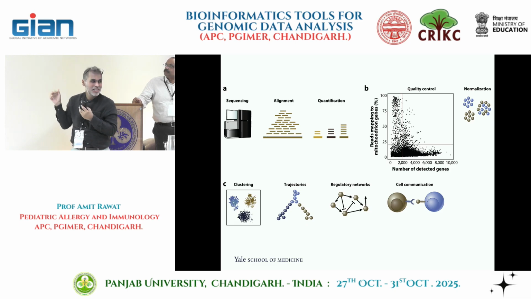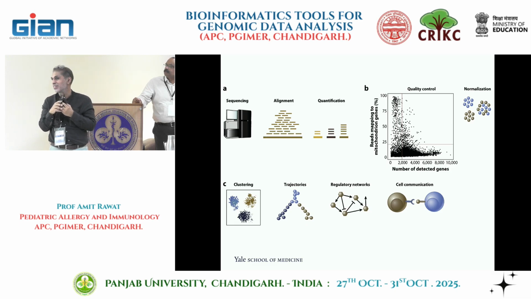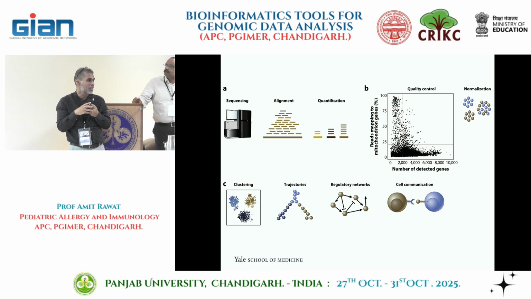Then you do a normalization, as Francis talked about, and then you can do clustering. You can see whether different cells, based on their gene expression, form distinct clusters. Apart from clustering according to gene expression, you can also look at trajectories, based on the gene expression, to see which cells are arising from which progenitor cells.